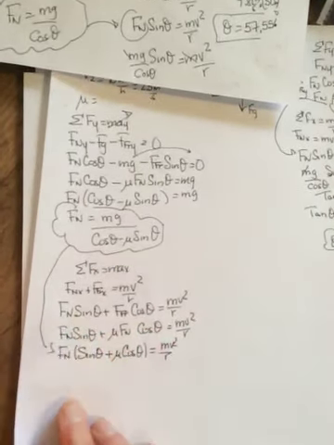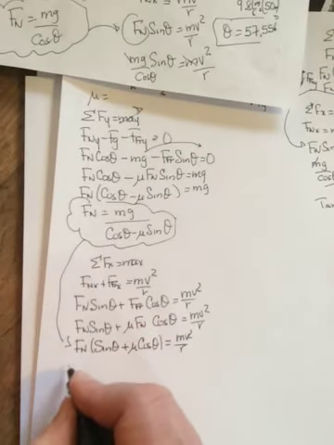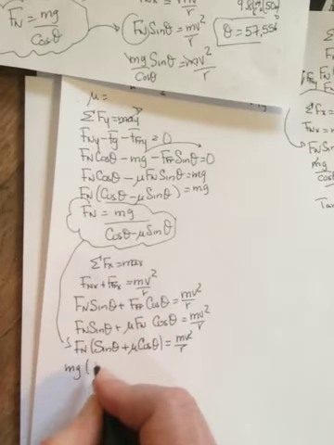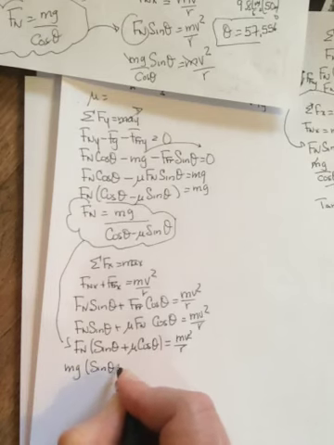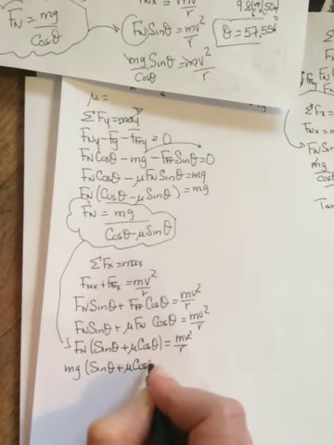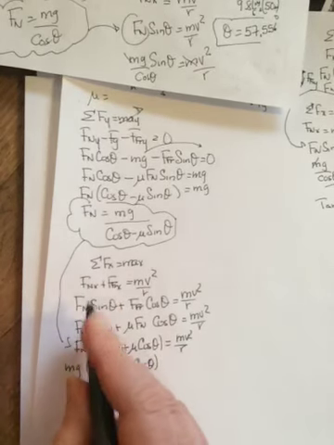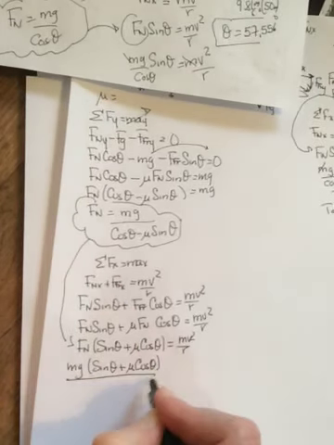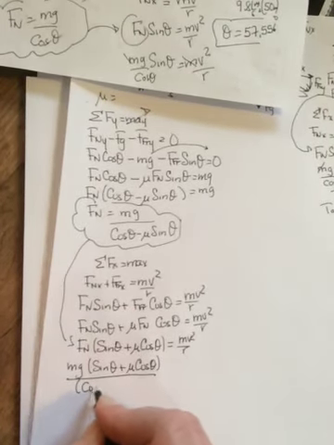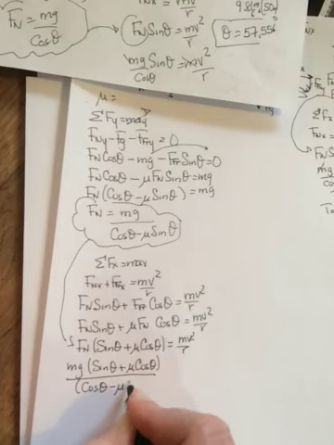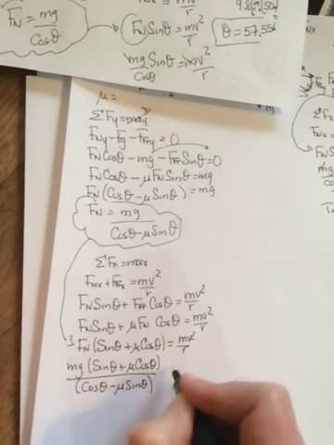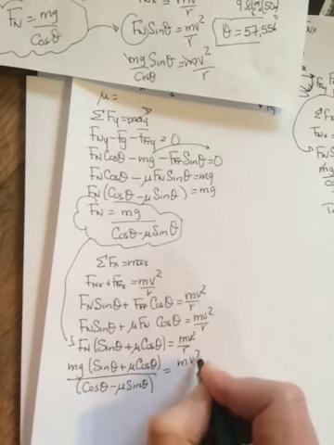It'll work the other way, it'll just be more complicated. So mg brackets sine theta plus mu cos theta. That's from the top, the mg is from your Fn, and the bottom part's from your Fn. cos theta minus mu sine theta. And this side doesn't change.